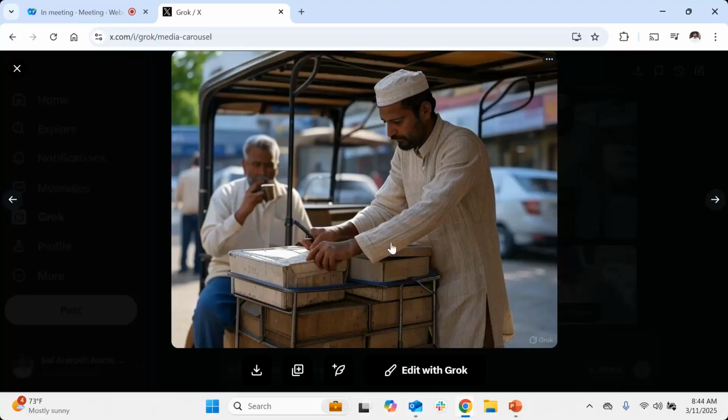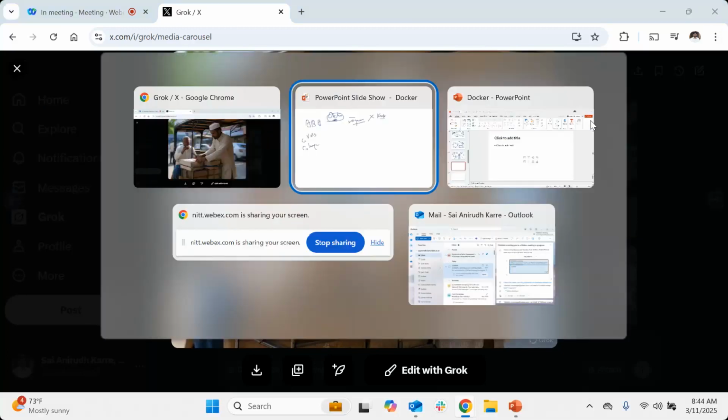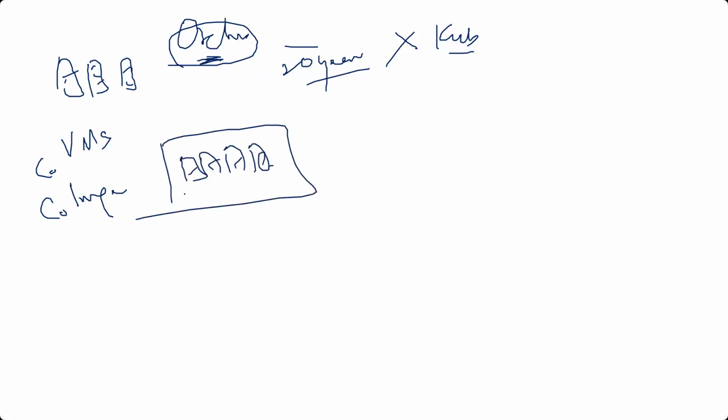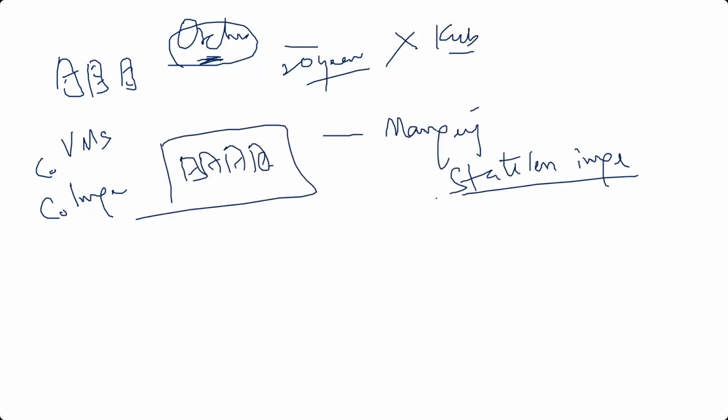The orchestrator will collect those objects and push them to the required destination. Similarly, if you go back, you have a bunch of images. Orchestrators tell you that, hey, I am here to manage your stateless images. I can define a workflow.